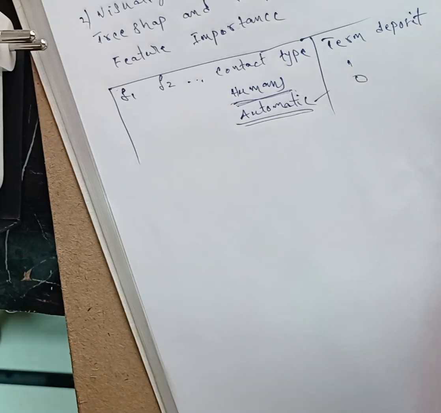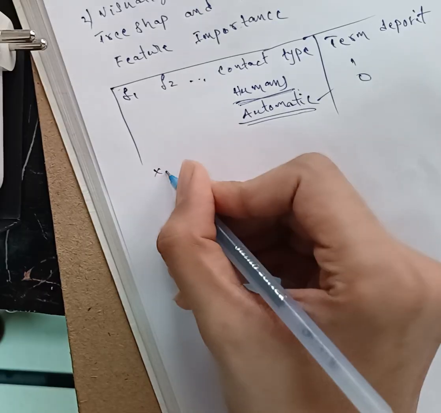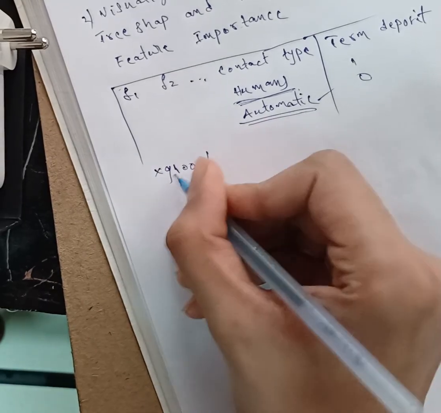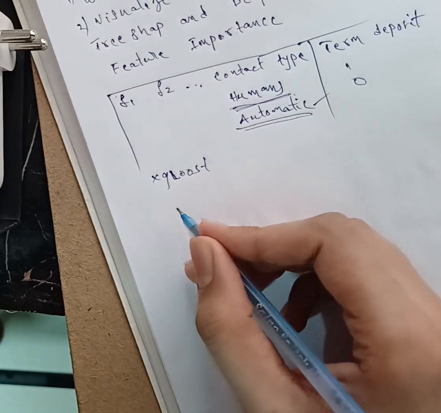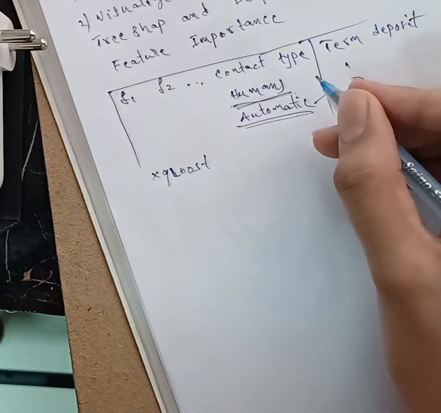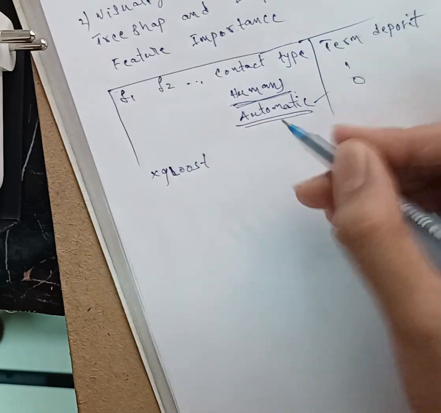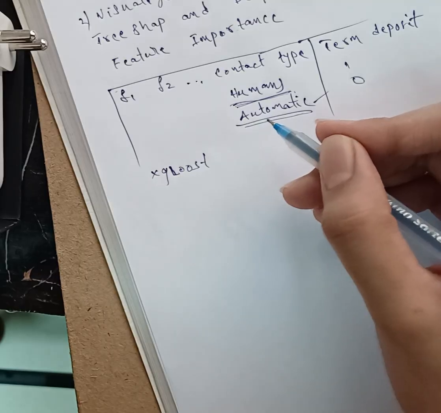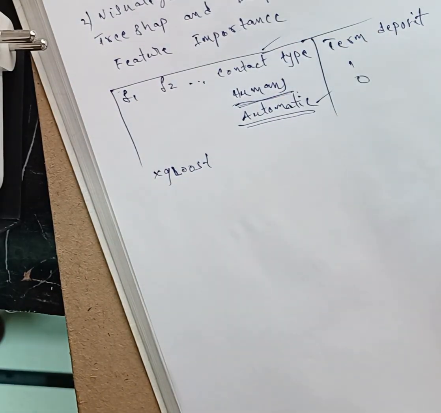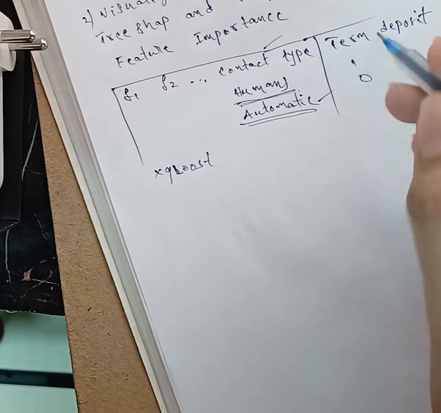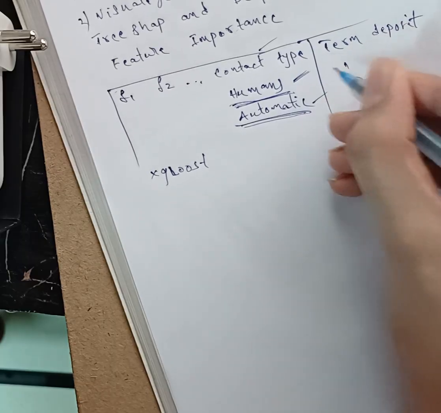Now if we use SHAP, let's say we build some model, let's say an XGBoost model, using this data set. Now let's say we have some way to find out, of all the features, which one is the important feature. Let's say contact type is a very important feature, and also out of these categories, humans give good results.